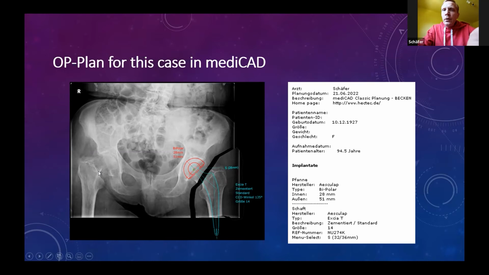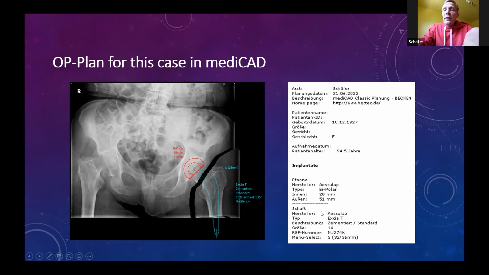I don't plan the hip with the fracture; I plan on the other side. You can read the planning, you can read what you planned, and that is very practical.